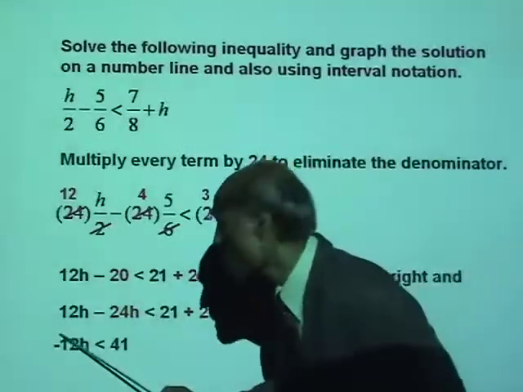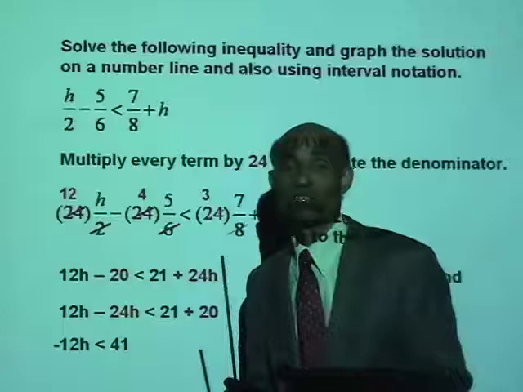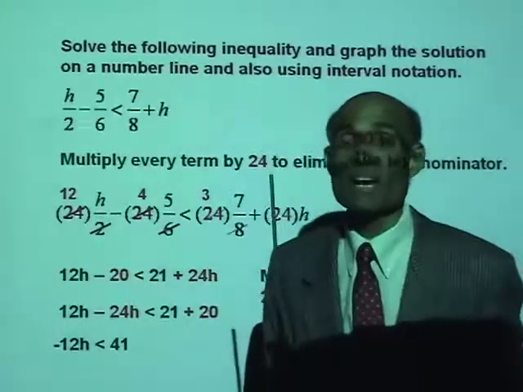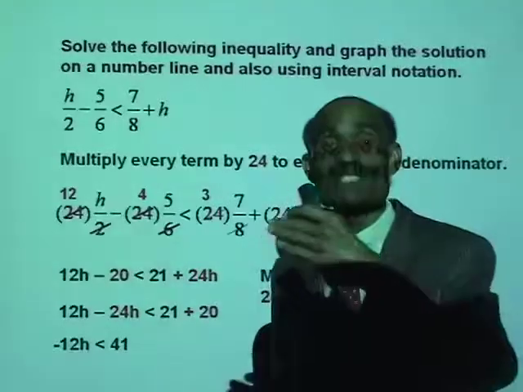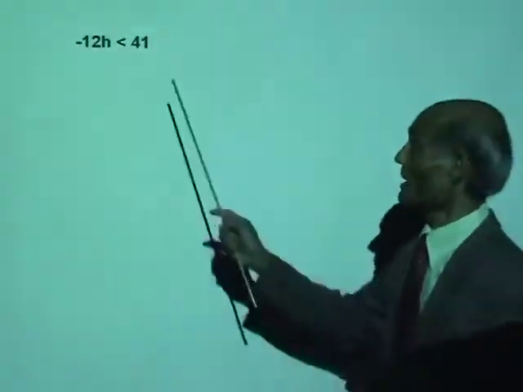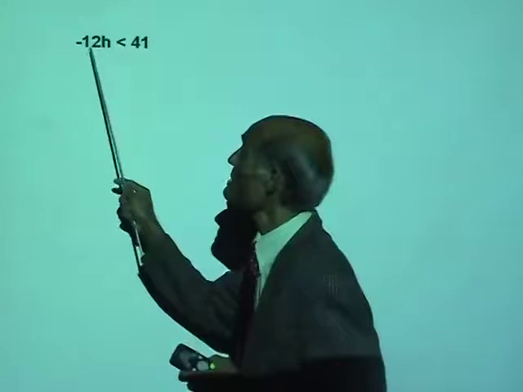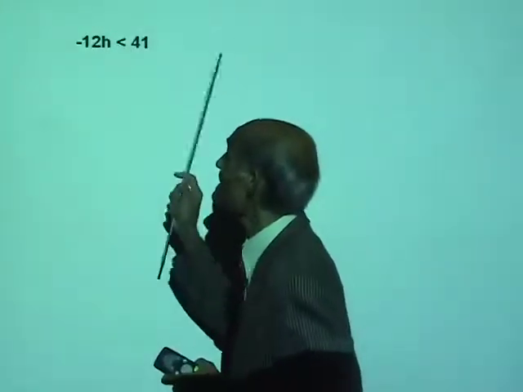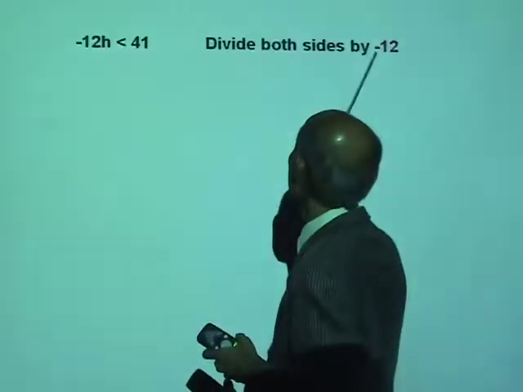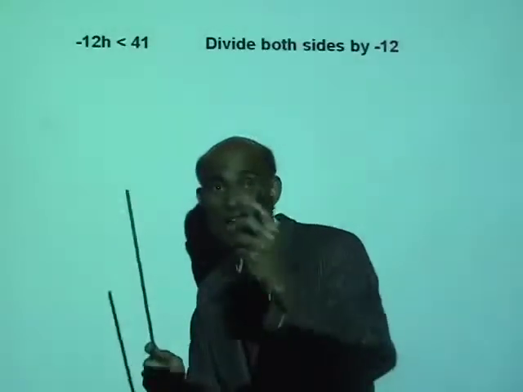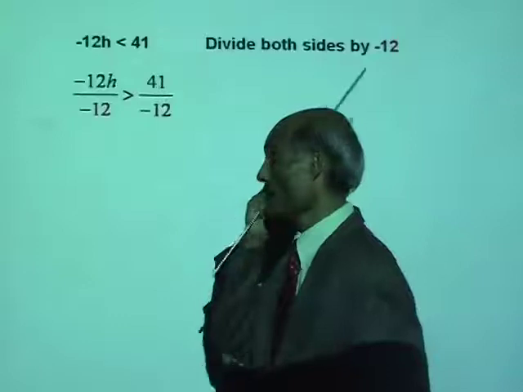Divide both sides by negative 12. When you divide an inequality by a negative number, reverse the sign of the inequality. Alright, let's do that here. Negative 12h is less than 41. Divide both sides by negative 12 and reverse the inequality.